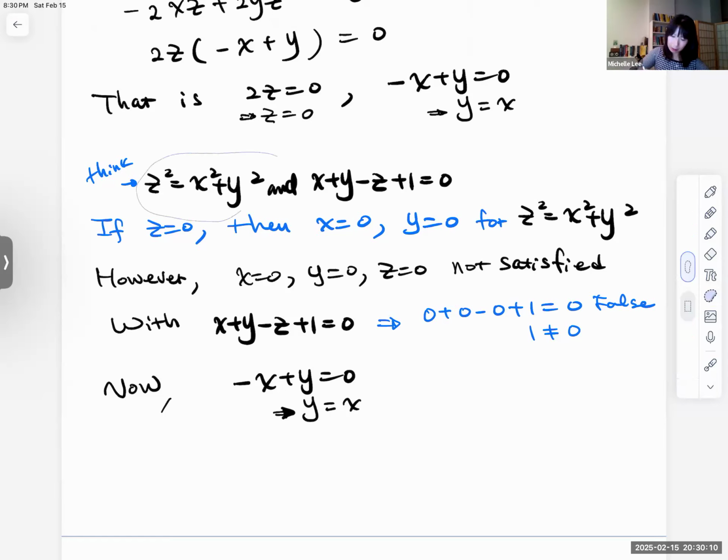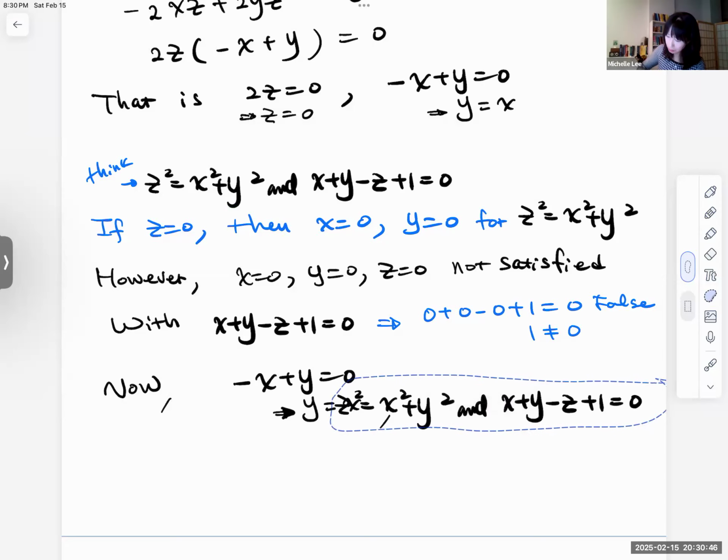And also the second, because we have to use both.